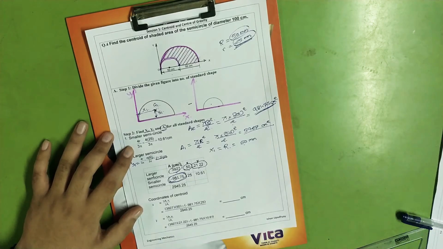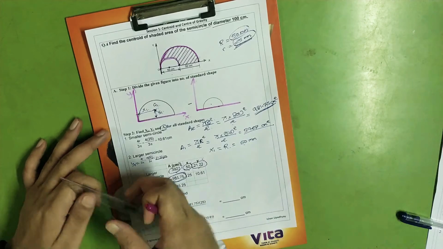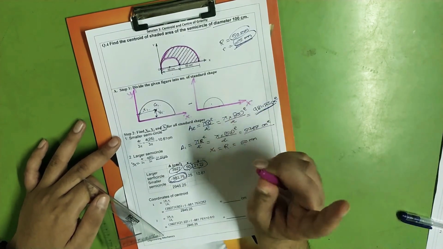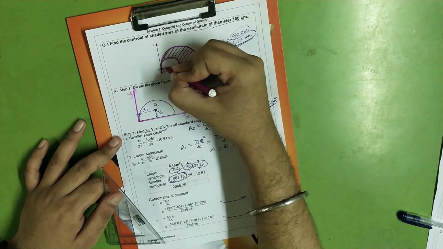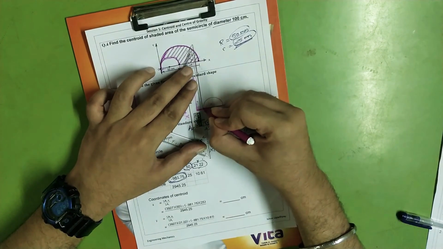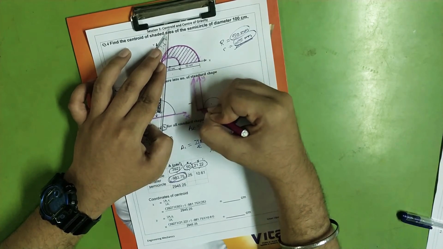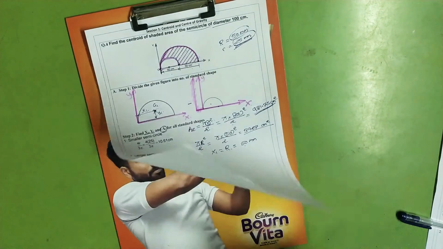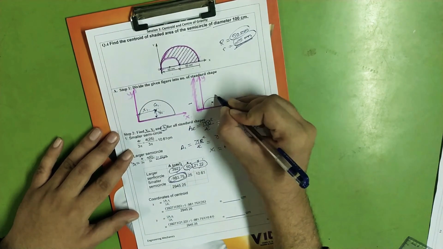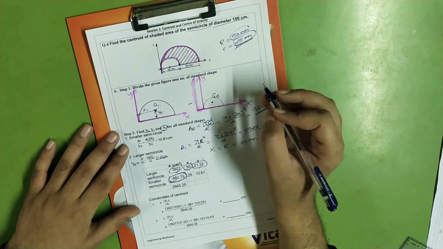Now to find x and y of the smaller semicircle, first I have to locate its centroidal axis. You can see here this is the x-axis, so here I write this as x-axis, but for the y-axis you will see that the y-axis starts where this semicircle ends. So at the end of the semicircle, here I have to draw the y-axis. I have already calculated its area. Then let us assume that this point is G2, the centroid of the smaller semicircle.